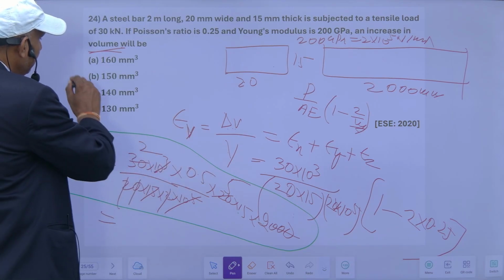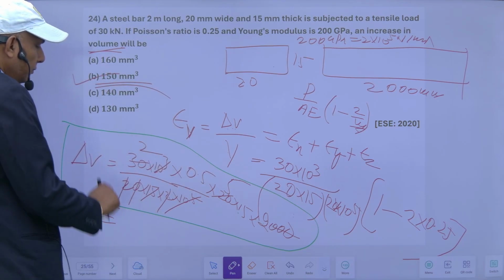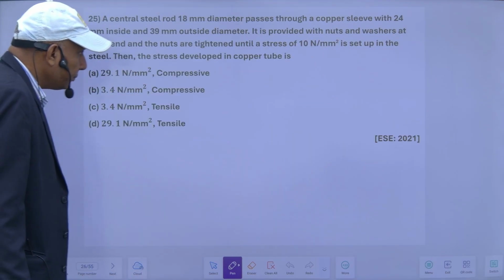So 150 is the right answer. 150 mm square is the right answer.